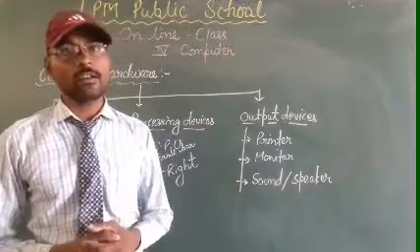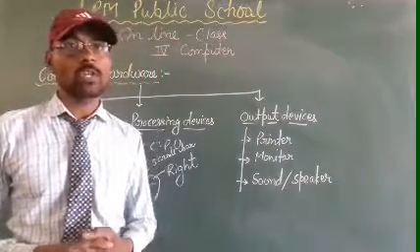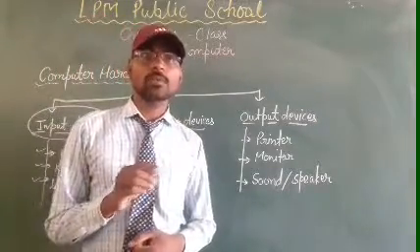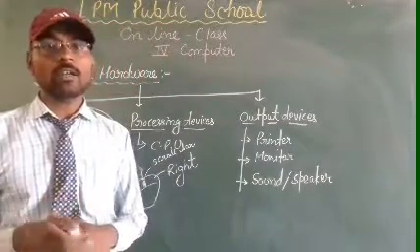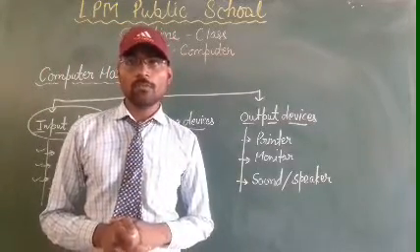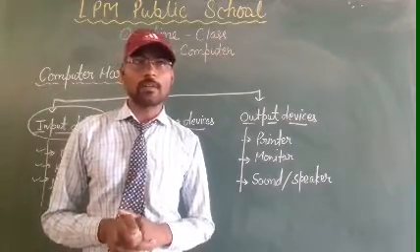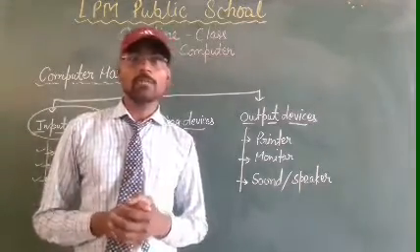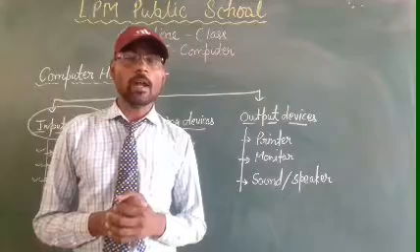A scanner can read text as well as pictures printed on a piece of paper, for example, printed documents, photographs, or even a handwritten document. There are three types of scanner: flatbed scanner, sheet-fed scanner, and handheld scanner.